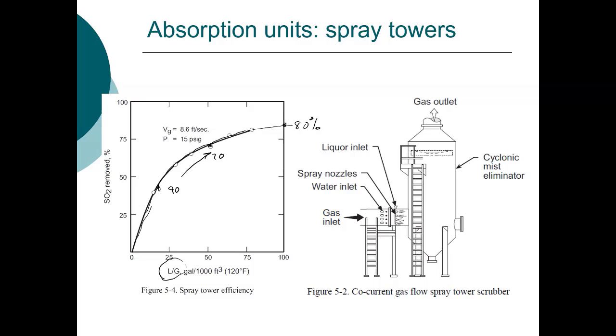Shown here is a co-current mode. We can also operate these in a counter-current, which was the previous slide, or a cross-flow mode. And this can be used for flue gas desulfurization, so to remove that SO2 from a gas stream.